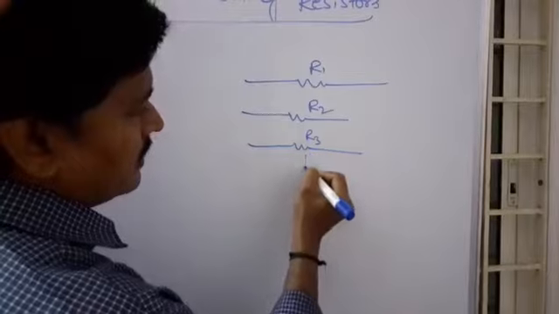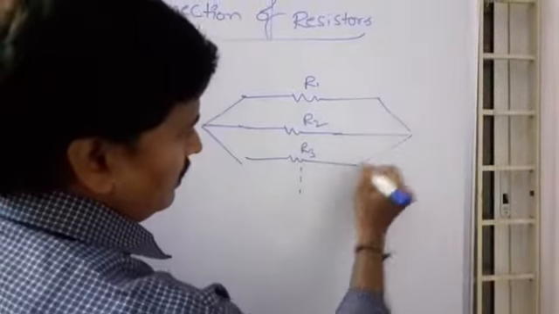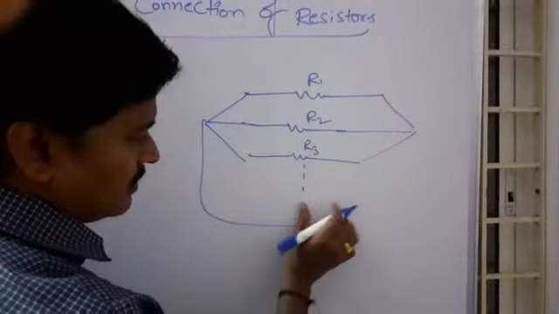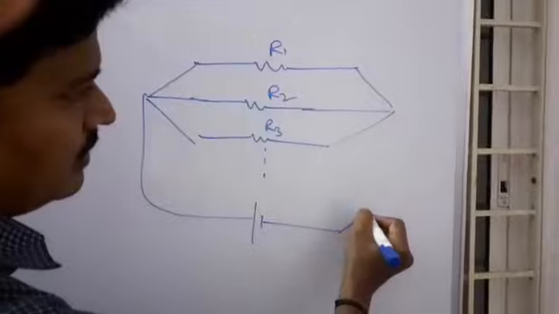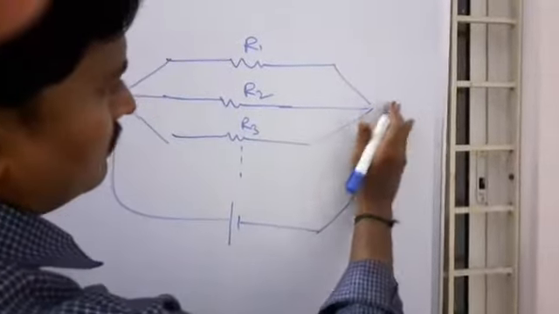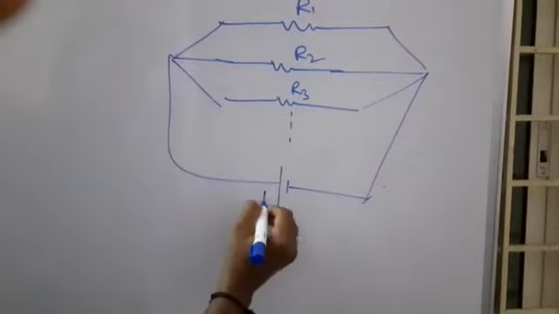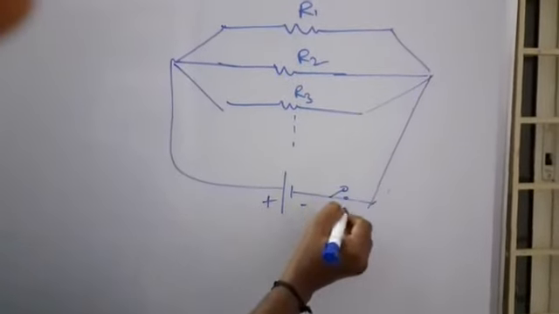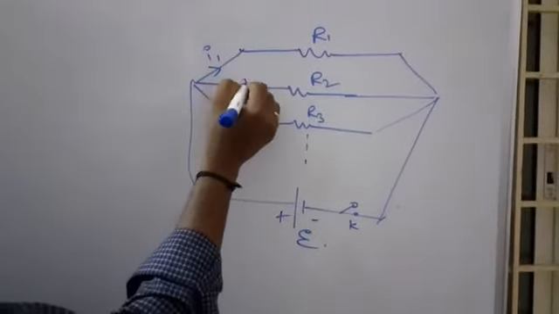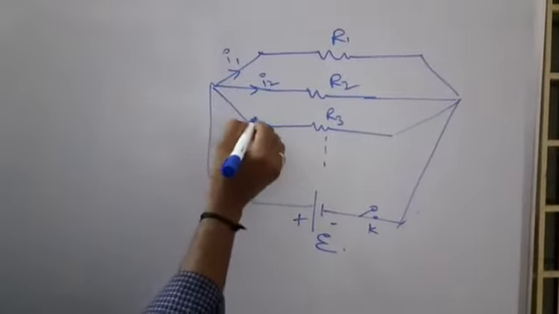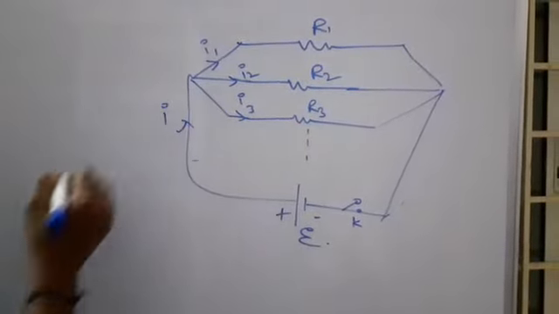For the effective resistance formula, they are connected with a battery. Here the current is divided into parts I1, I2 and I3. The total current is I.